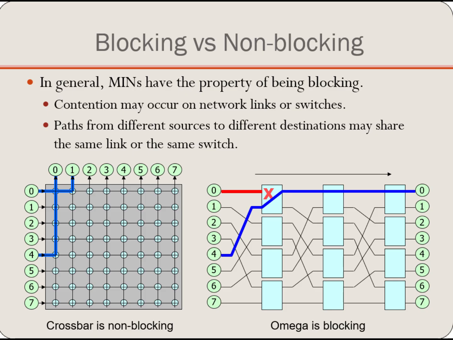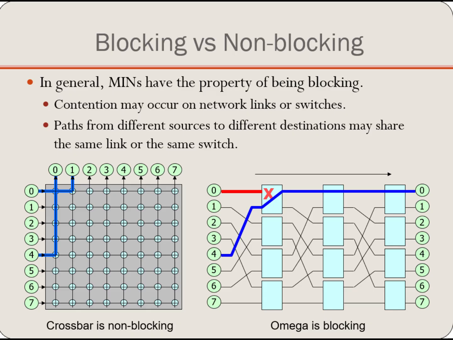However, omega, cube, baseline and so on are in general blocking. For example, 4 tries to send to 0, and 0 tries to send somewhere else, for example to 2.